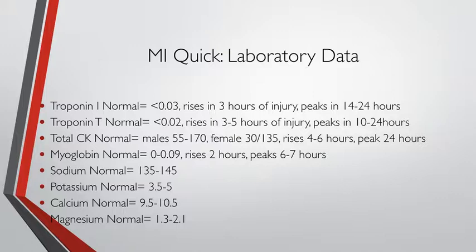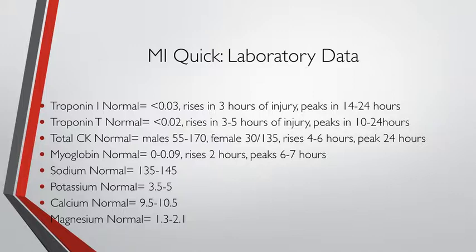It can help estimate the size and severity of a heart attack. So like I said, it takes 2 to 3 hours for you to see the injury, and then it doesn't peak until hours later. So that's why we typically do a series of 3, 6 hours apart.